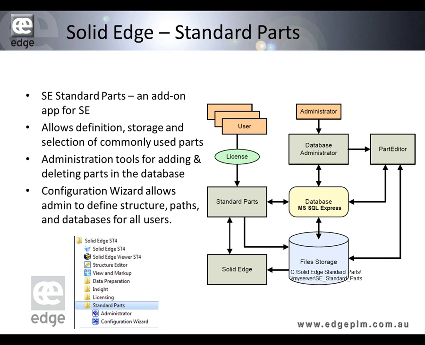We put a master file for each category, and as we call up individual parts, let's say we're calling up an ISO bolt of a certain classification and a certain size, it will actually build the Solid Edge part file from the primitive using information in the SQL database to make that on the fly. Once we've built that and we call that up again, it will be called up a lot faster. You'll see this in action as we're going through.